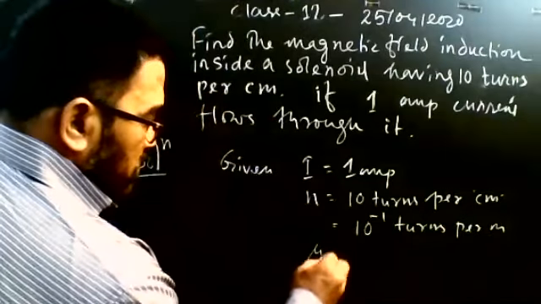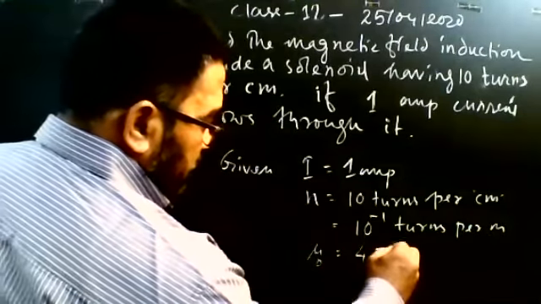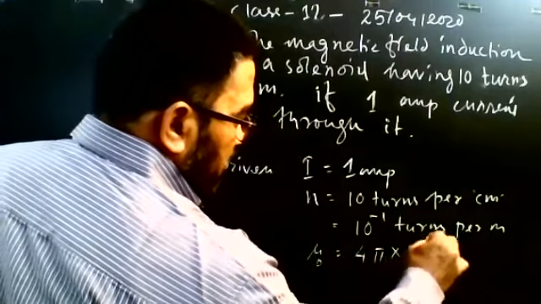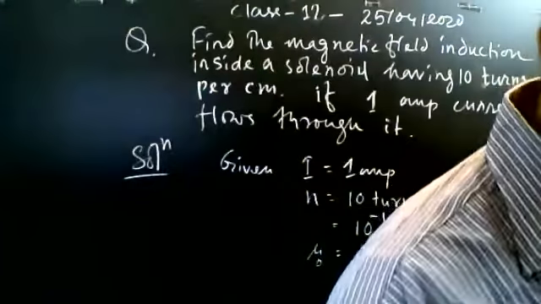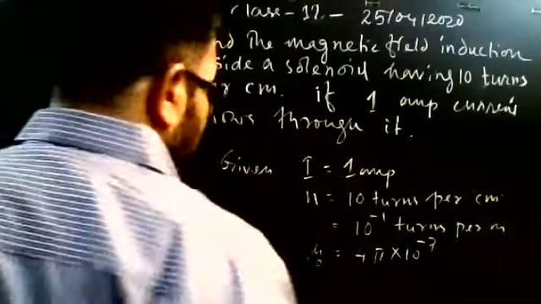Next, mu naught is equal to 4 pi into 10 to the power minus 7. Always remember the value of mu naught as 4 pi into 10 to the power minus 7.